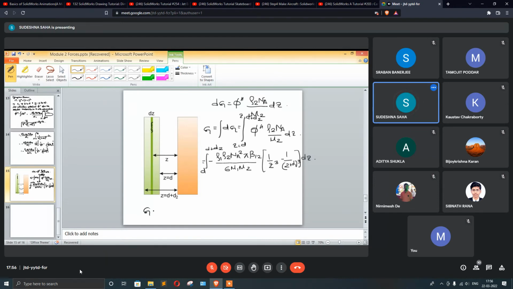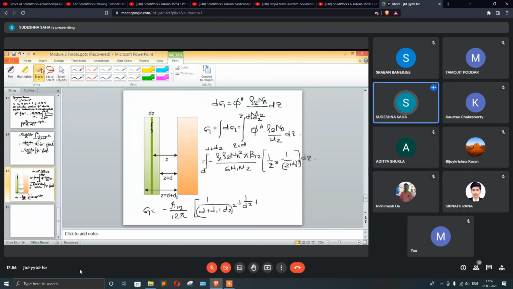If you simplify it, you will obtain this equation. G will be equal to minus A, where A is the Hamaker constant. Let me write the final form: 1 divided by D plus D1 plus D2 square, plus 1 by D square.